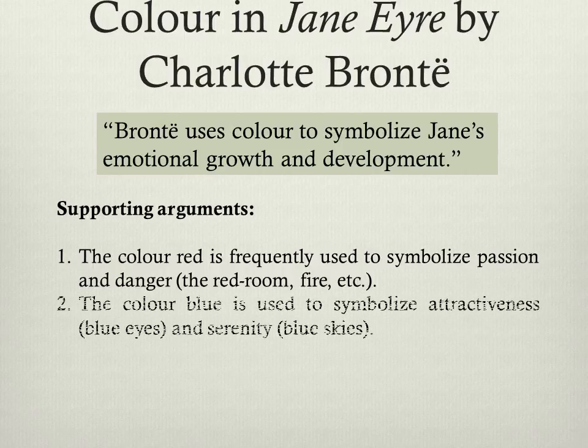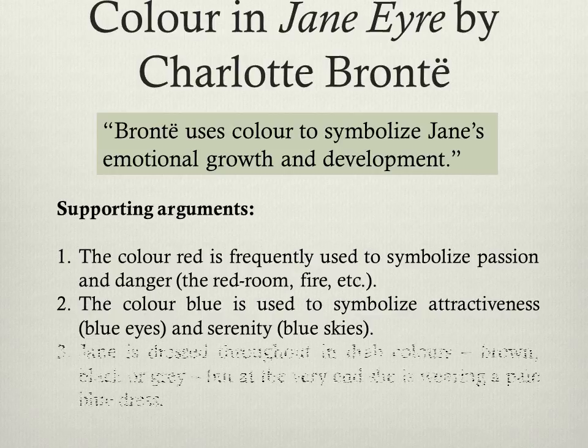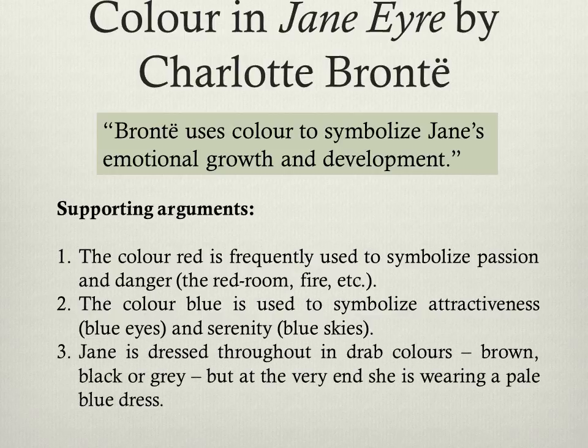Second being the colour blue, which is used to symbolise attractive things like blue skies and serenity, calm. And the third argument being that Jane herself is dressed in drab colours most of the time during the story, but at the very end she's wearing a pale blue dress.